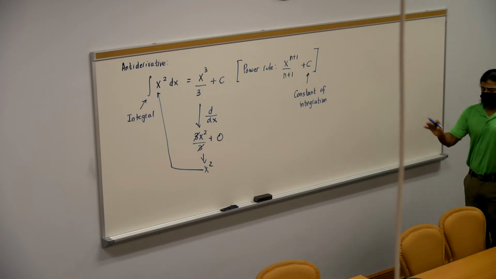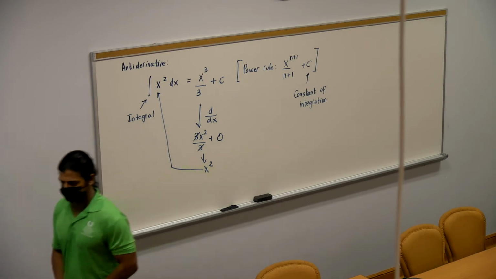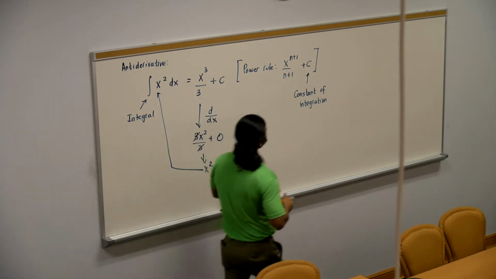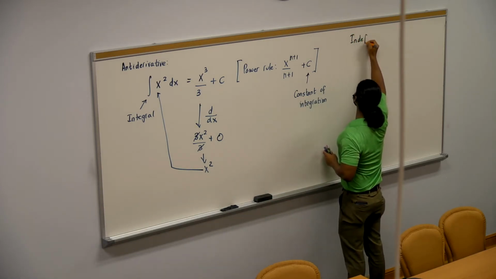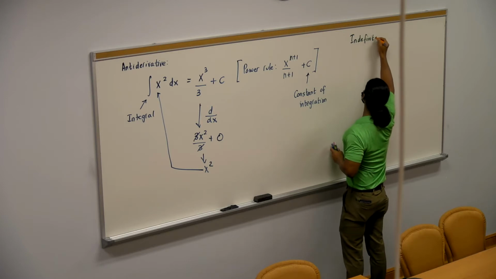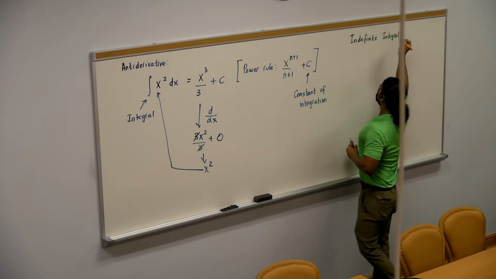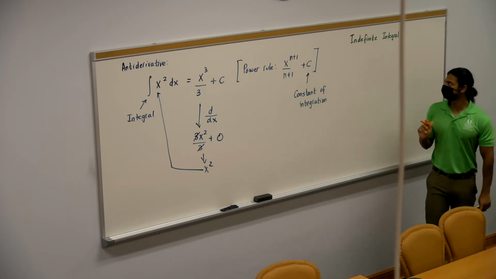We call the integral that you see an indefinite integral. Why do we call it an indefinite integral? A couple of reasons. Well, the answer is in terms of x.